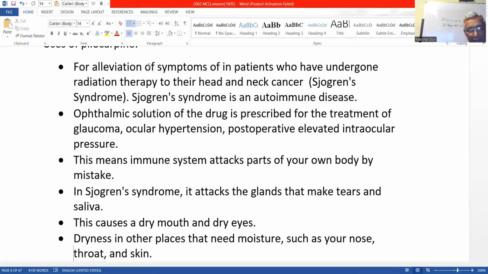And the other use is Sjogren's disease. Here also the immune system attacks part of the eye, and don't worry about it too much. If you like, you can read this and understand.